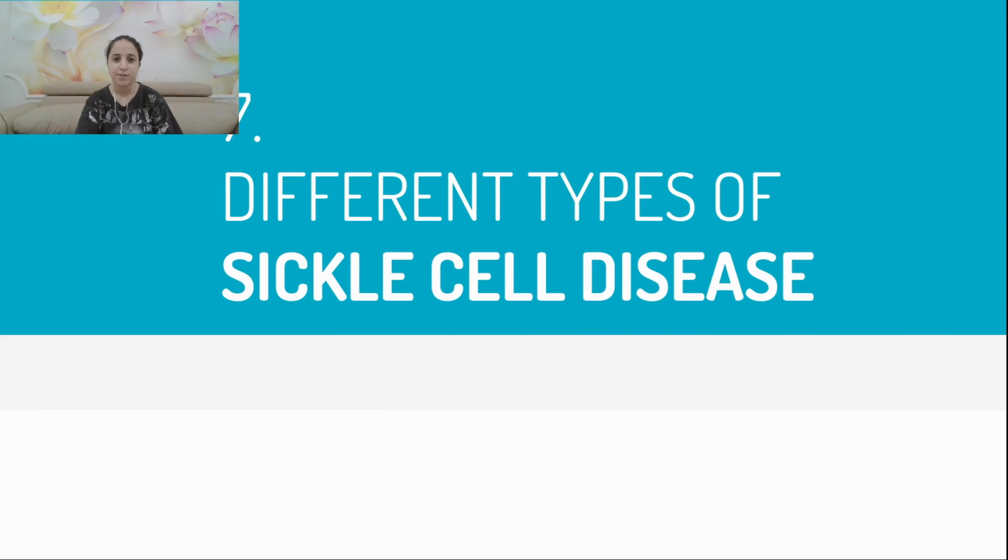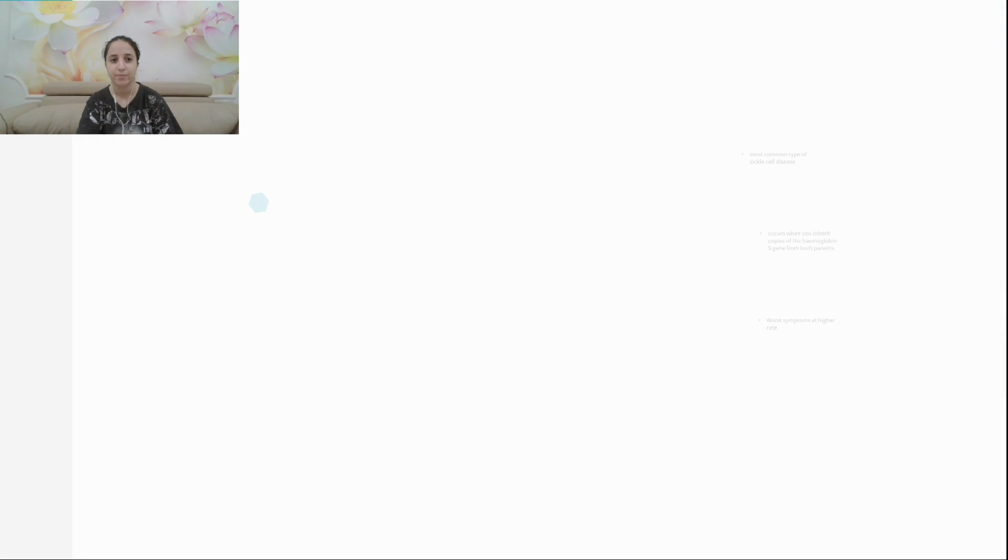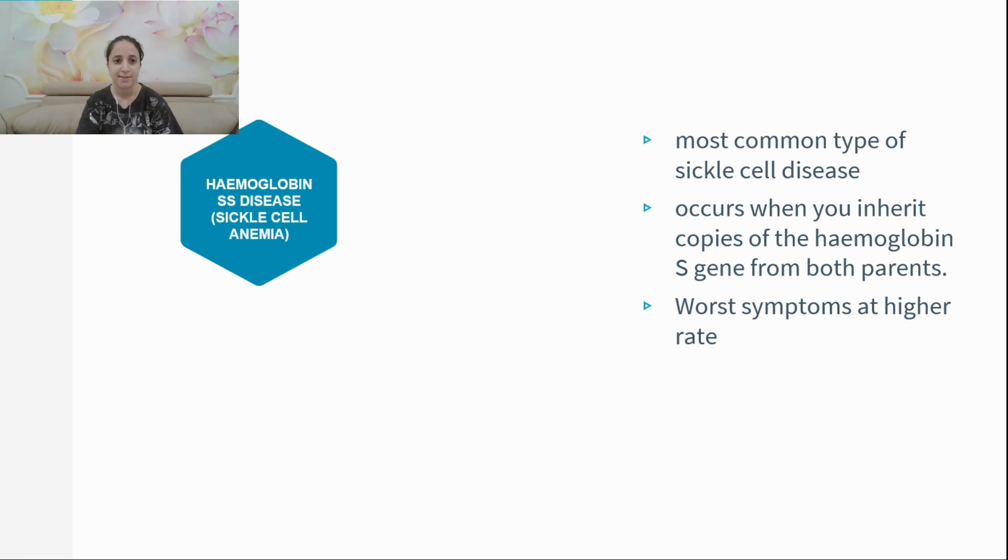At the end, let's now discuss the different types of sickle cell disease. The first being sickle cell anemia or hemoglobin SS disease. This is the most common type of sickle cell disease, and it occurs when you inherit a copy of the hemoglobin S gene from both parents.